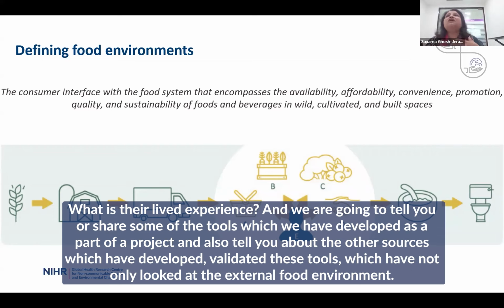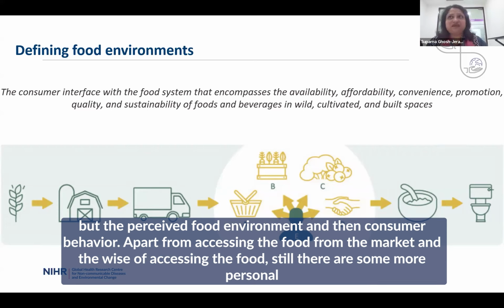And we are going to share some of the tools which we have developed as a part of a project, and also tell you about the other sources which have developed and validated these tools, which have not only looked at the external food environment, but the perceived food environment, and then consumer behavior.